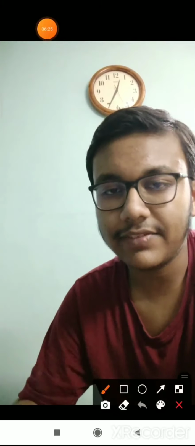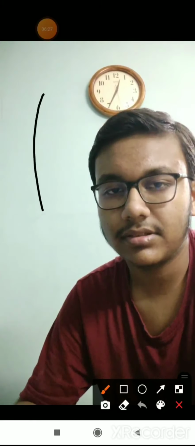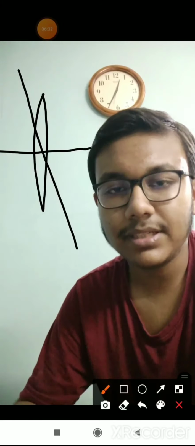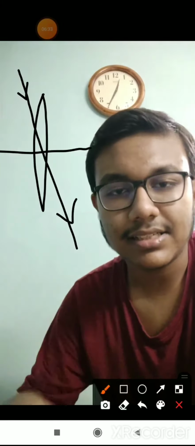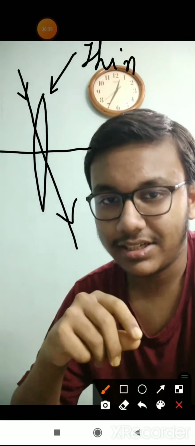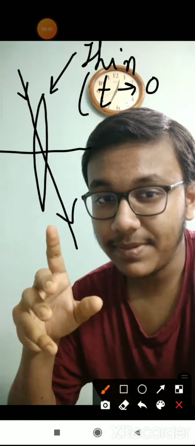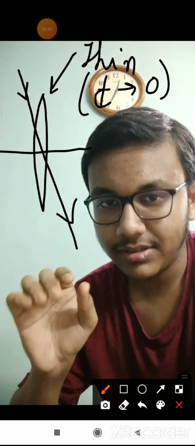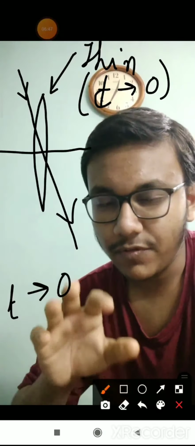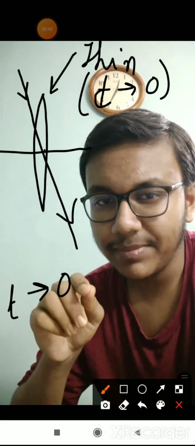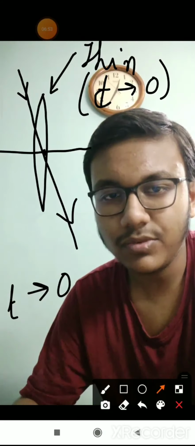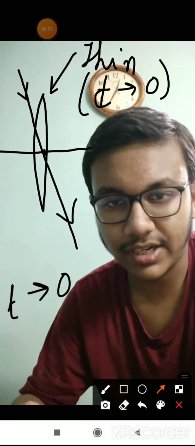It simply means, if you have a thin lens of negligible thickness, your lateral displacement tends to 0: T tends to 0, D tends to 0. So from this you can figure out that the light ray will be almost undeviated in the process of refraction.